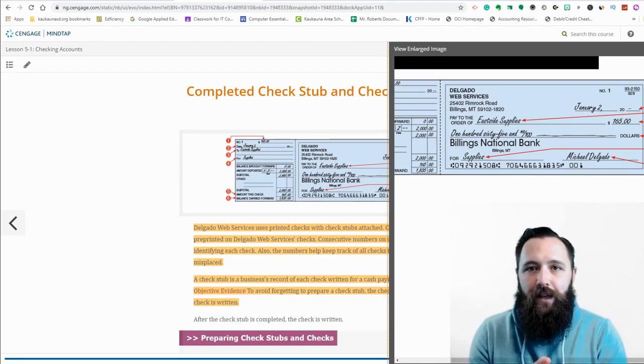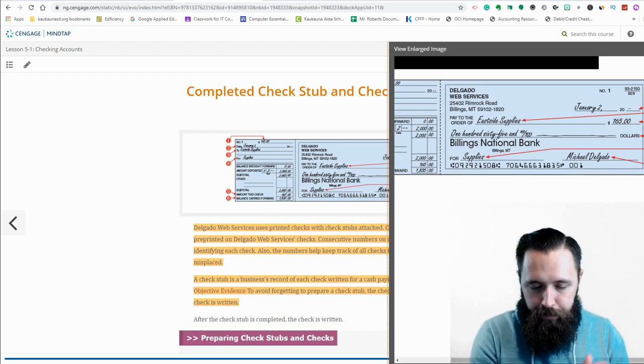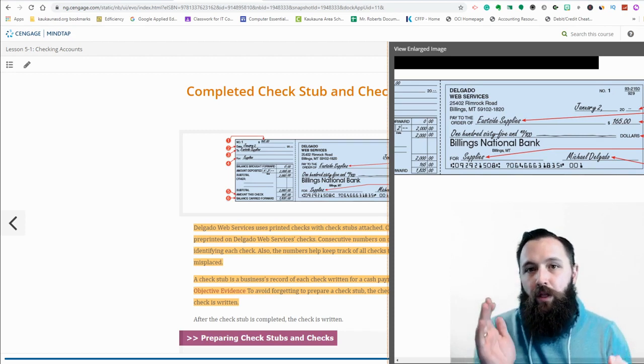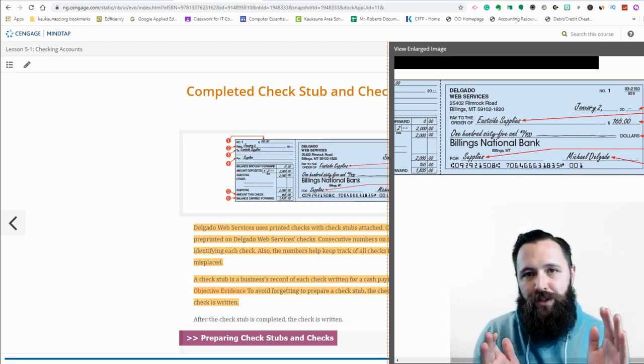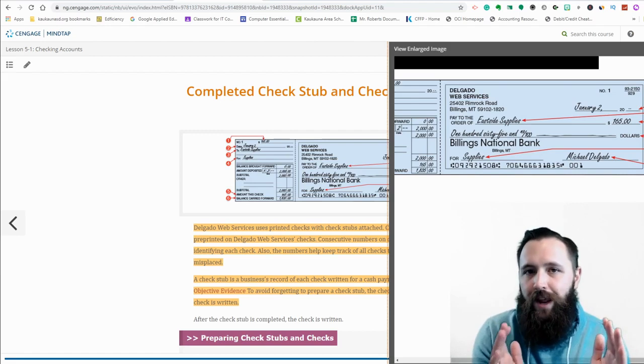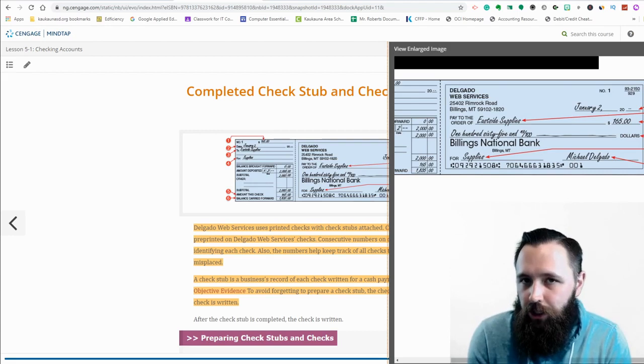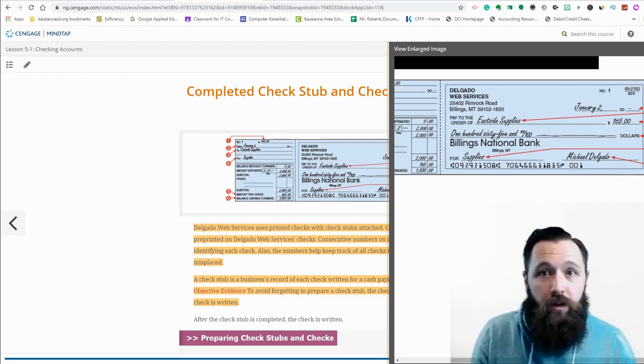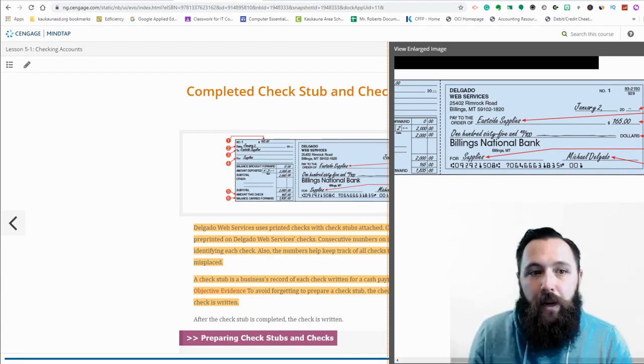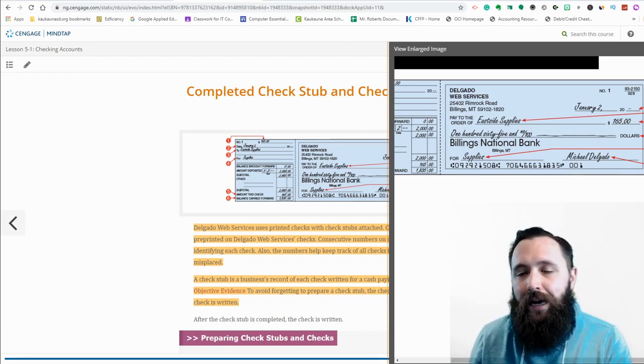Now, based on the business entity concept, what that means is the person that owns the business and the business are two different entities, okay? So, you know, when your grandma writes you a check and it's Timothy Jones, that's real easy. But Michael, we couldn't write out a check to Michael Delgado, right?